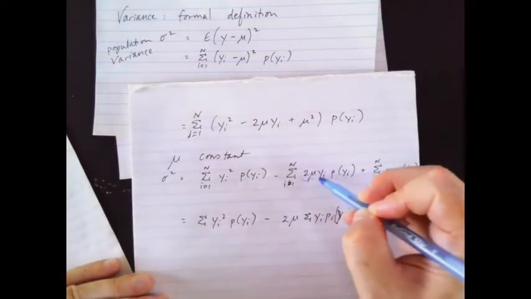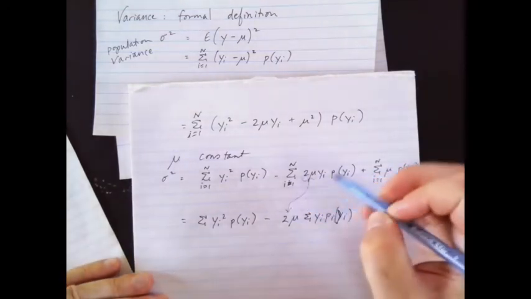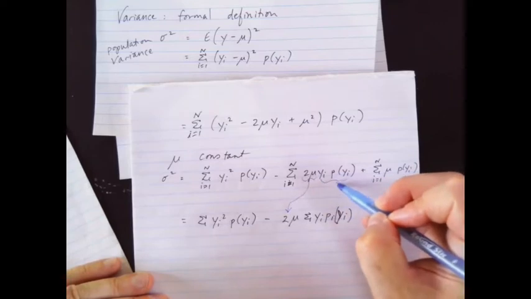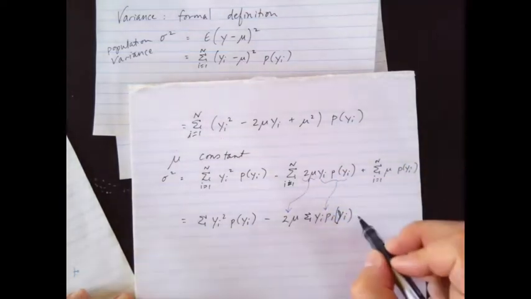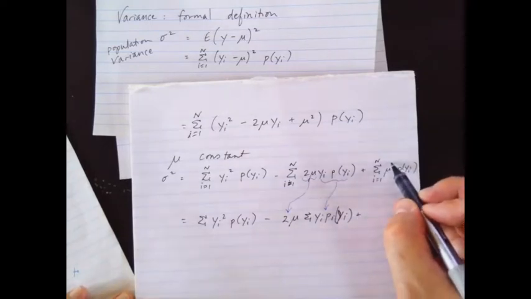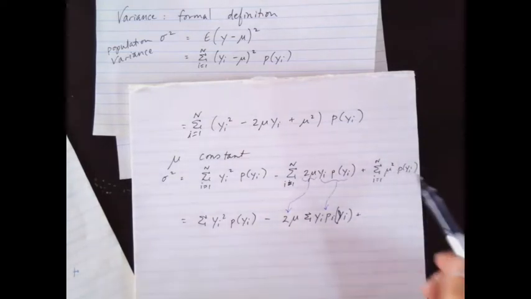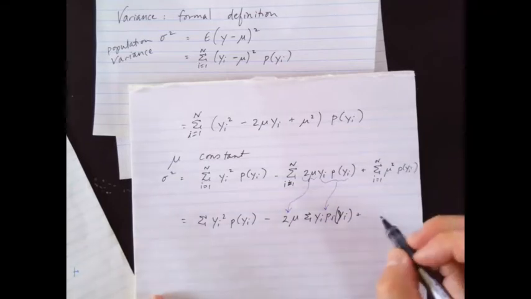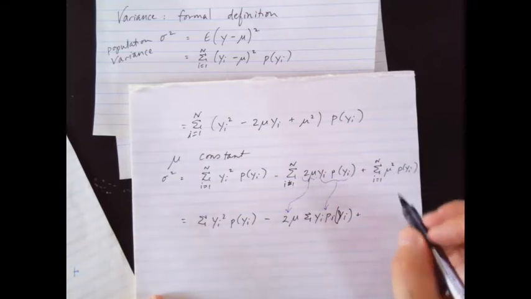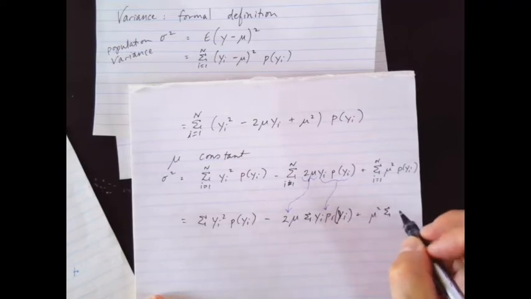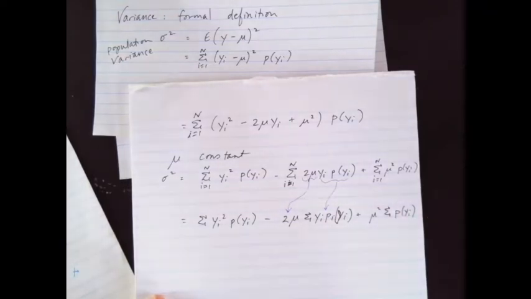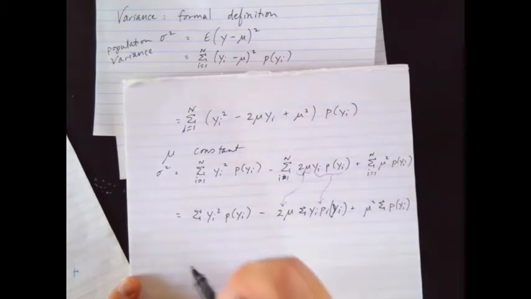I just took the summation outside, and that leaves this term inside the summation. And then over here, oh, I forgot, that's a mu squared. It's constant, so we bring it outside the summation, leaving the sum of the probabilities.